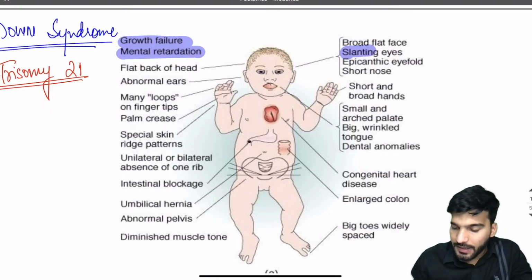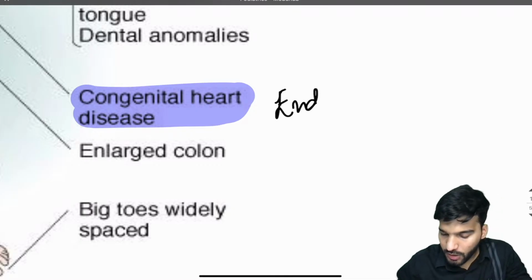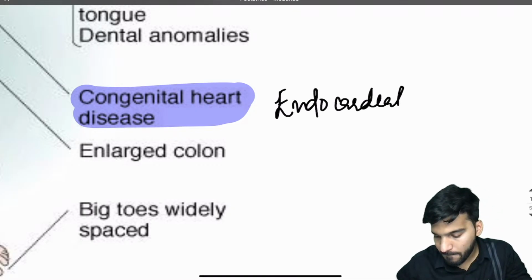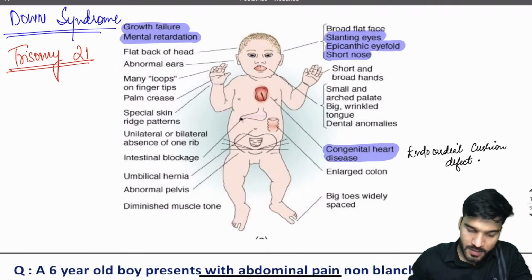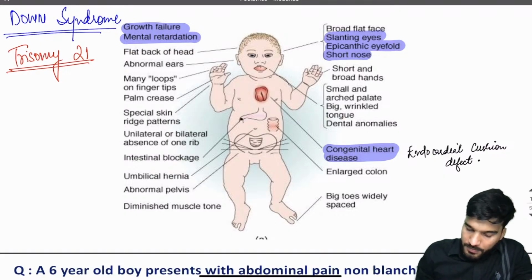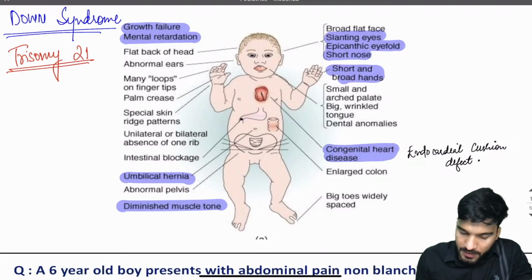There are slanting eyes, epicanthic fold with short nose, congenital heart disease, and the most common one, as I've already said, is endocardial cushion defect. Then the patient can have umbilical hernia, diminished muscle tone, short and broad hands. There is a single palmar crease.